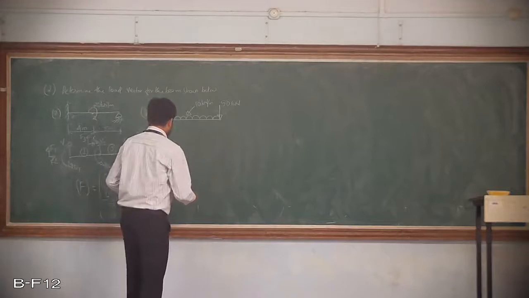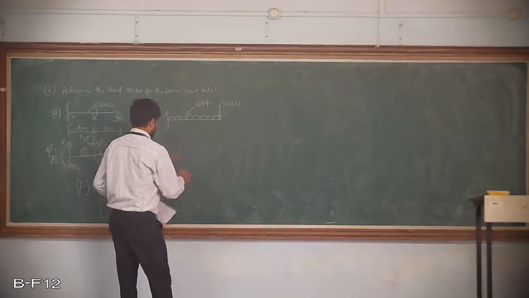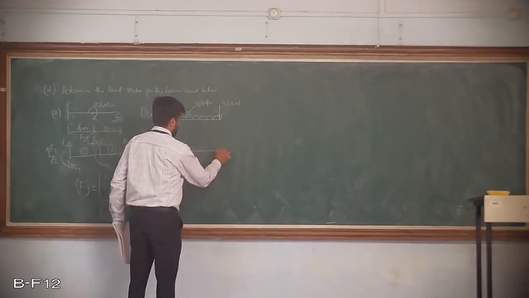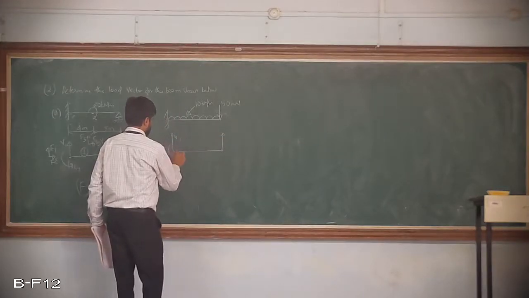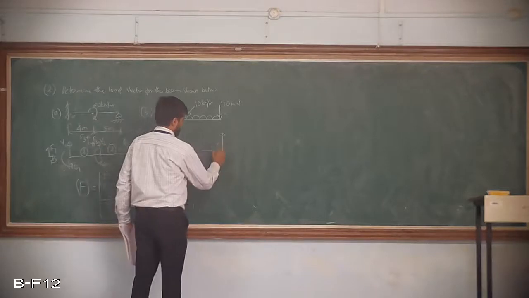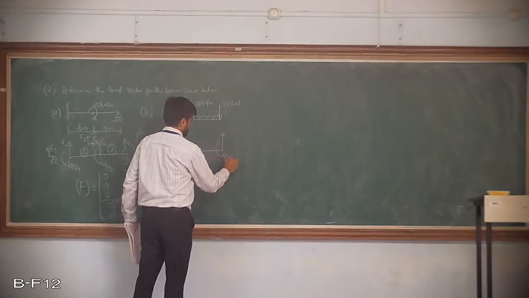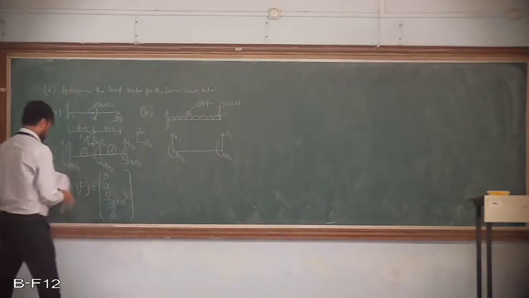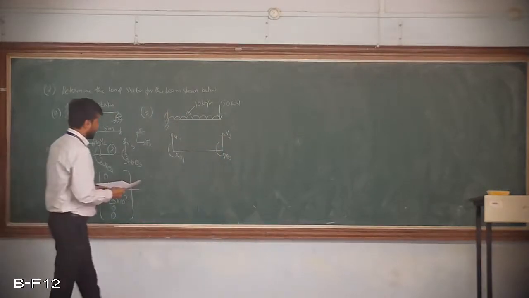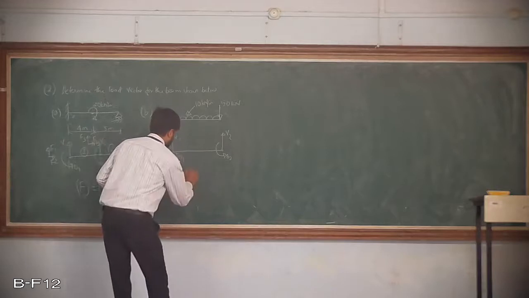And for the next one, I need to again consider the finite element model, where I will get V1, theta 1, V2 and theta 2. And here, what about the value of P naught?